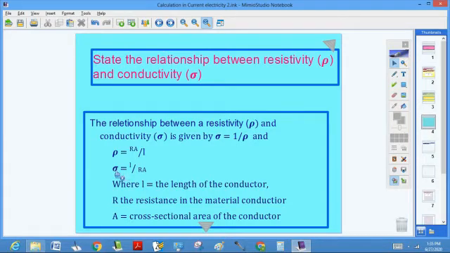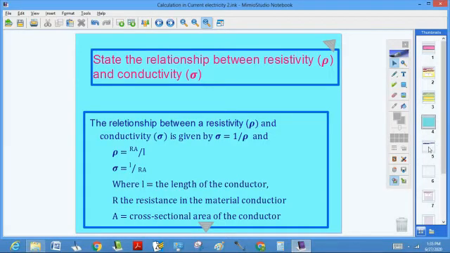In the same way, conductivity, which is given by mu, is the inverse of resistivity, which is L over the product of resistance and cross-sectional area, or L over the product of R and A. So that is what the relationship between resistivity and conductivity stands for.